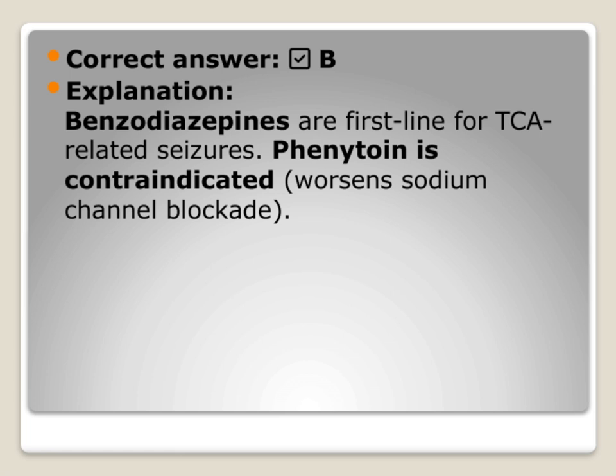Phenytoin blocks sodium channels, and since TCAs also block sodium channels, using phenytoin can exacerbate the sodium channel blockade, increasing the risk of further complications. So, the key takeaway is that benzodiazepines are preferred first-line agents, while phenytoin should be avoided in TCA-related seizures. This highlights the importance of choosing the right anticonvulsant based on the underlying cause.